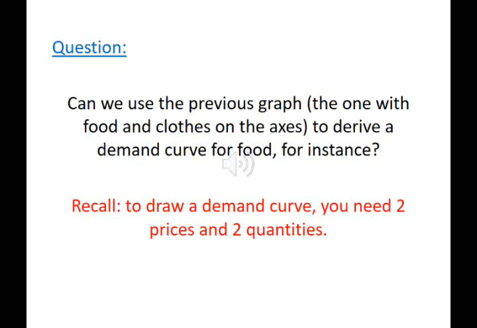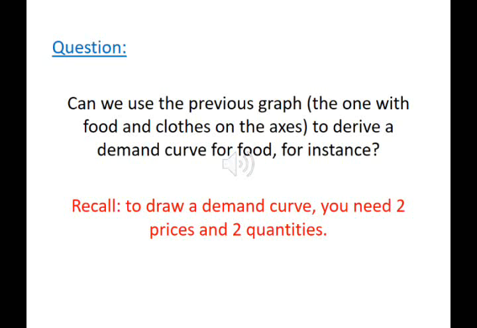For the initial price of $1.5, we had from the previous graph the consumer equilibrium achieved at point B. This was the utility maximizing consumption bundle. If you look at this graph, at point B, 2 units of food were consumed.